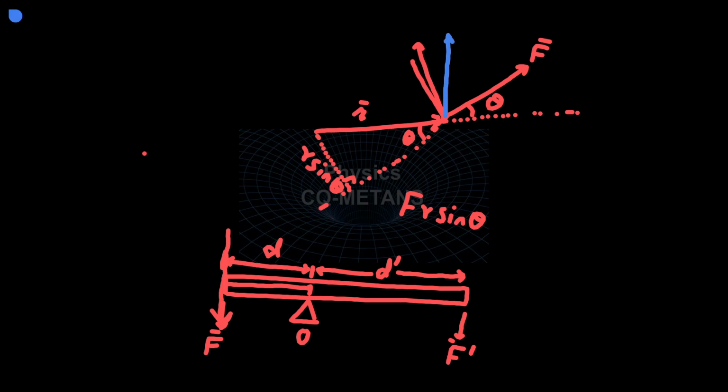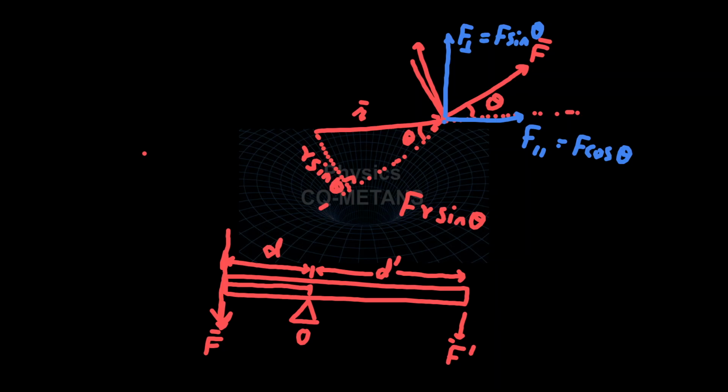One will be F perpendicular, and the one in the line of r we will call F parallel. Again, F perpendicular is nothing but F sine theta, and F parallel is F cosine theta.